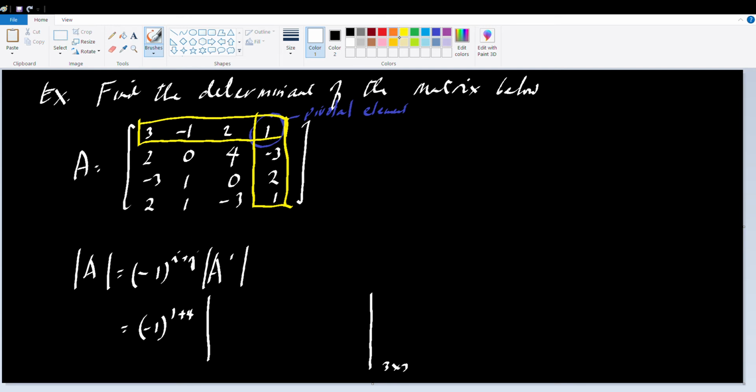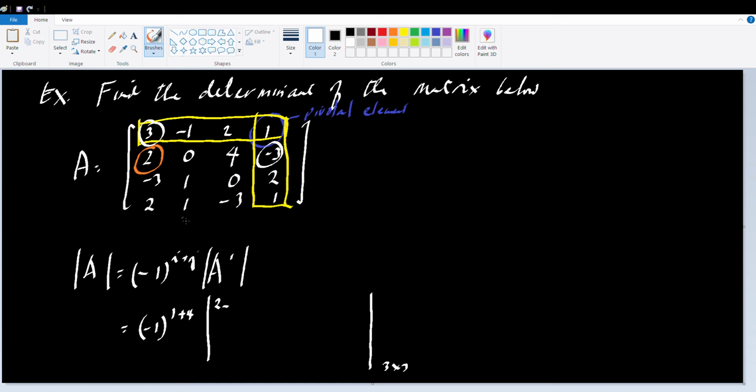And for each remaining entry, we will subtract the product of AIS, ARJ. So in this case, we start with 2 and then we subtract the product of 3 and -3.